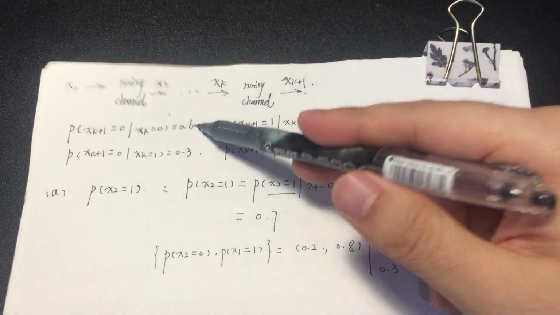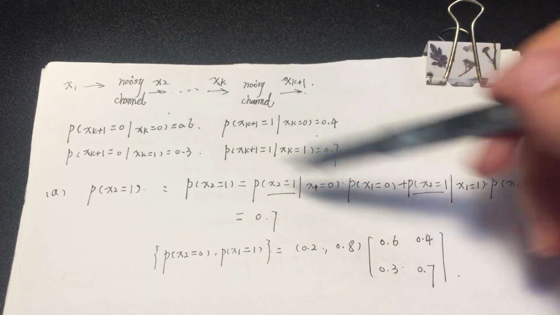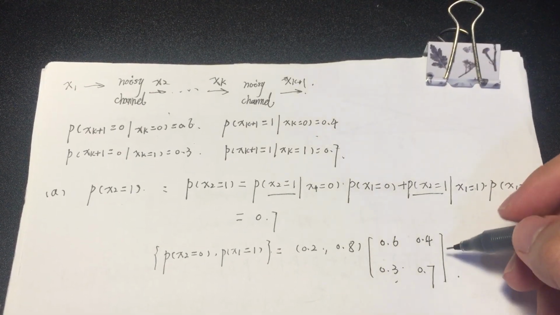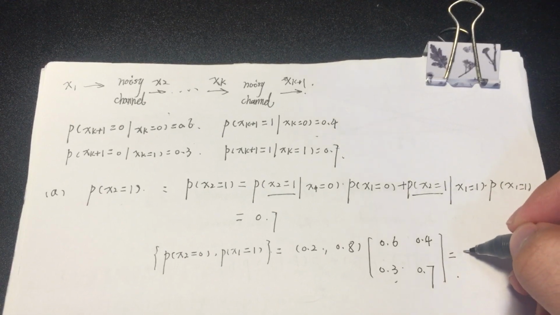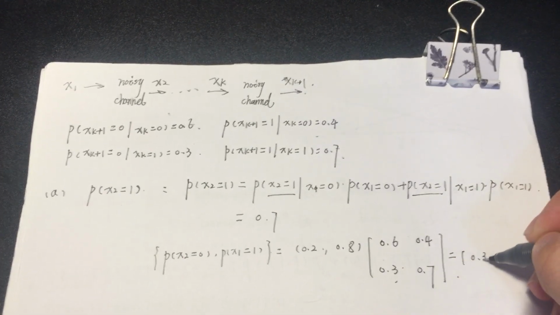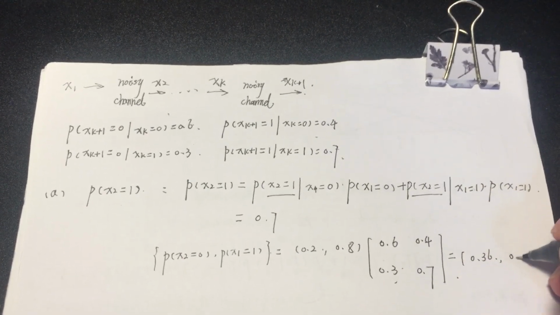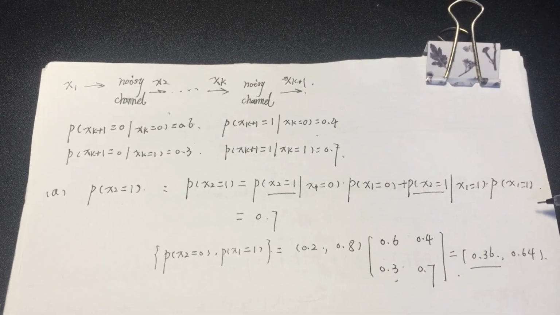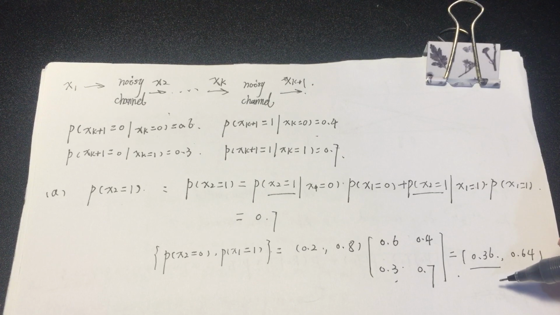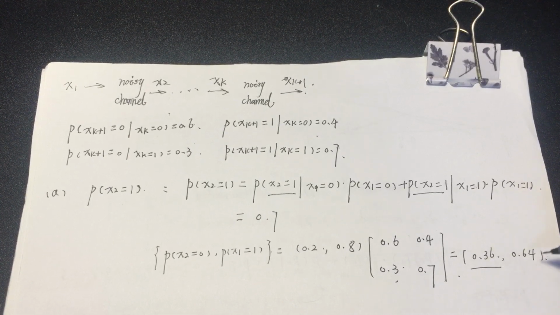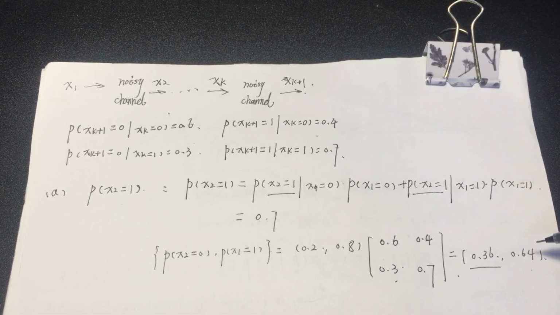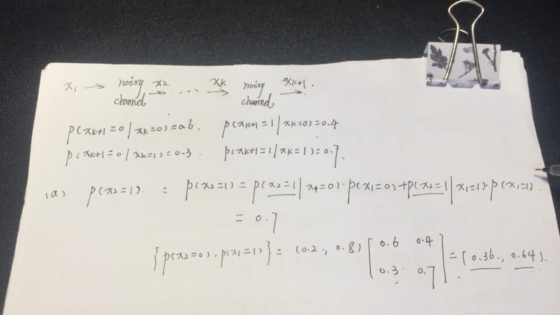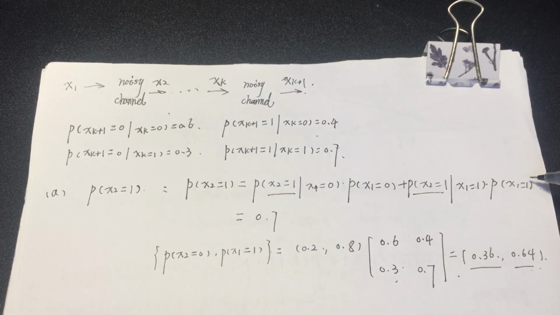Each entry corresponds to the conditional probability we mentioned before. So this is the probability of x2 equals 0, and this is the probability of x2 equals 1.